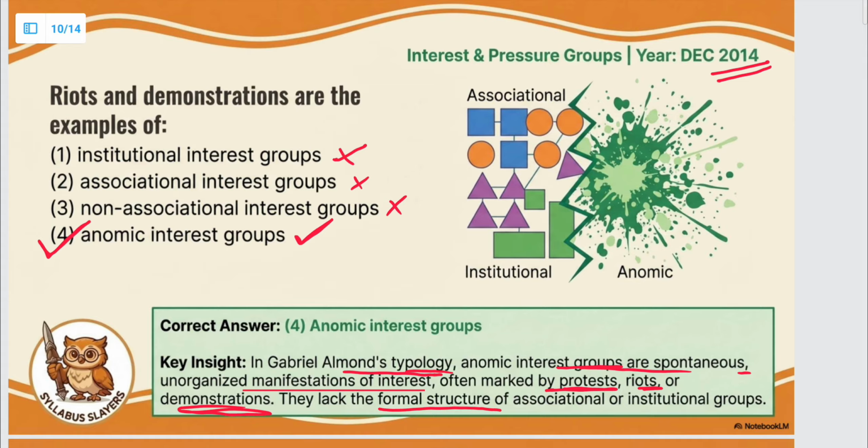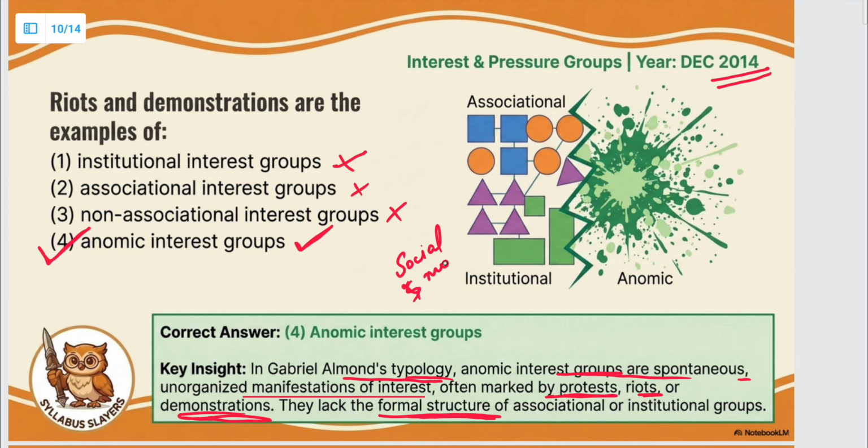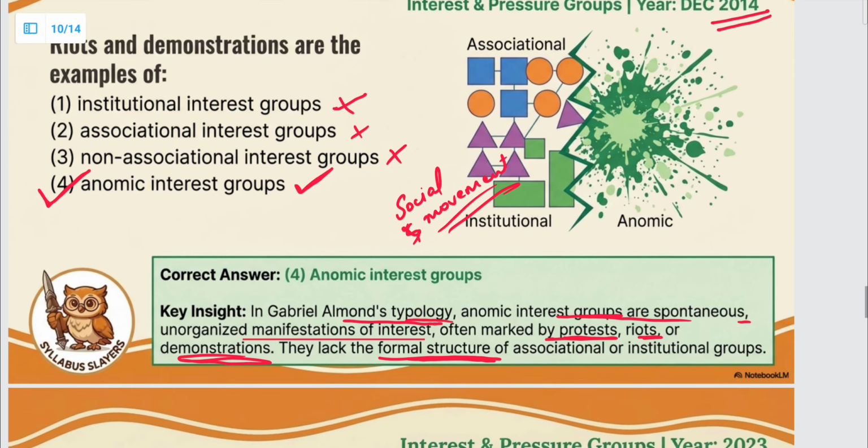They lack a formal structure, unlike associational or institutional groups. ठीक है, तो अनोमिक इंटरेस्ट ग्रुप्स बेसिकली कोई भी सोशल मूवमेंट जैसा ही रहता है. ठीक है, there is no structure, no formal grouping, ऐसा कुछ भी नहीं होता. They are generally formed only to represent a particular cause. उसके बाद में they get disbanded automatically.